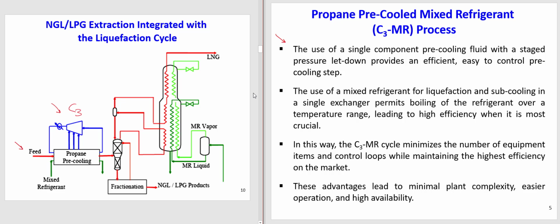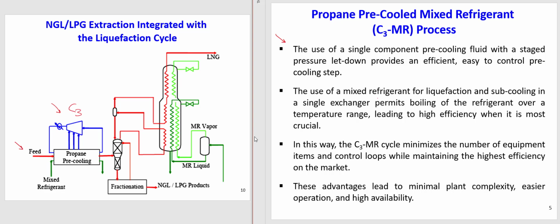And in another part, we are using a mixed refrigerant. The use of this mixed refrigerant is for the liquefaction and subcooling, because this mixed refrigerant goes inside the main cryogenic heat exchanger to very low temperature, and it can provide a very good subcooling property.